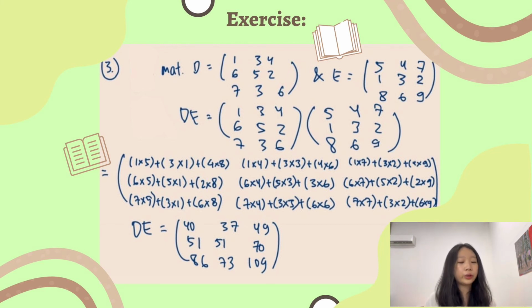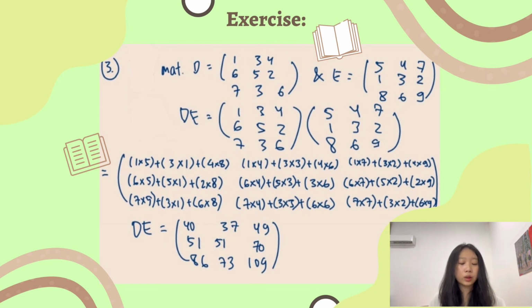The way we do it is 1 times 5 plus 3 times 1 plus 4 times 8. Then for the next one, the B one, it was 1 times 4 plus 3 times 3 plus 4 times 6. For the next one, 1 times 7 plus 3 times 2 plus 4 times 9.